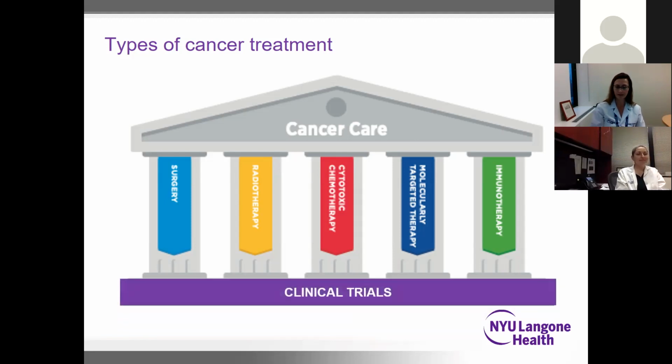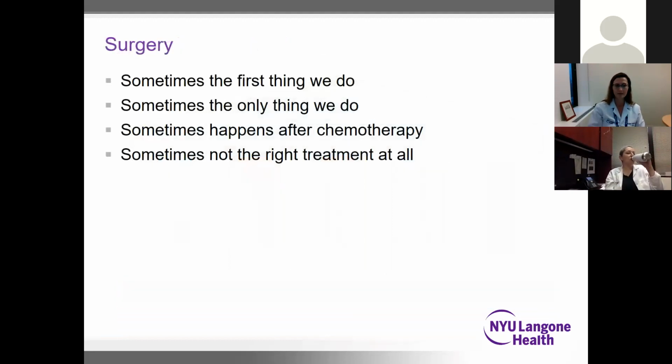And then the last element of cancer treatment in general that's very important is clinical trials. These are sometimes new agents or new combinations, but that might play a role in somebody's cancer treatment anywhere along the line.